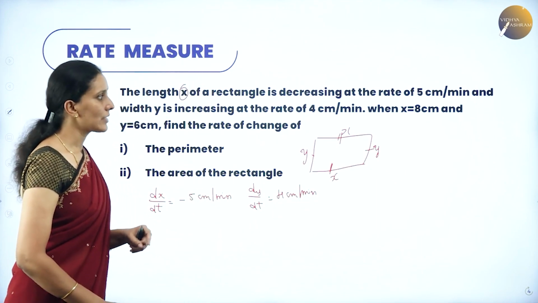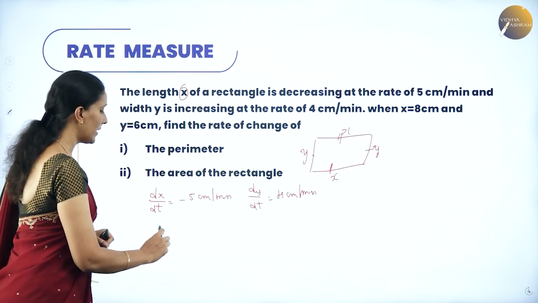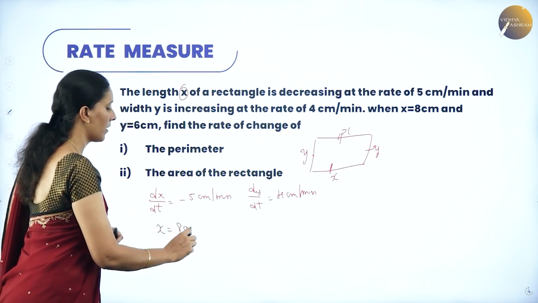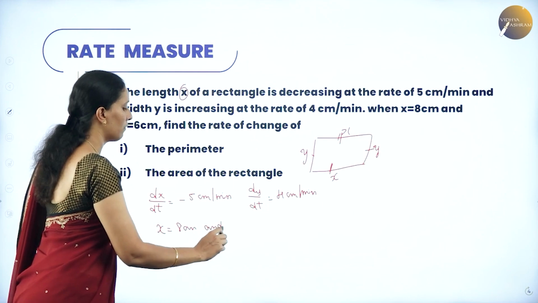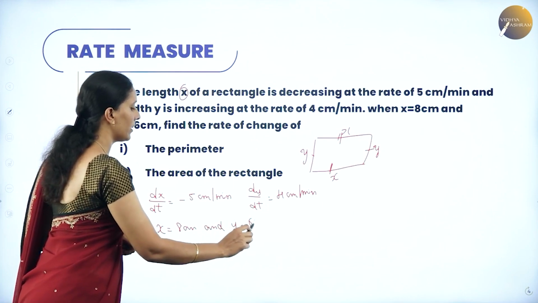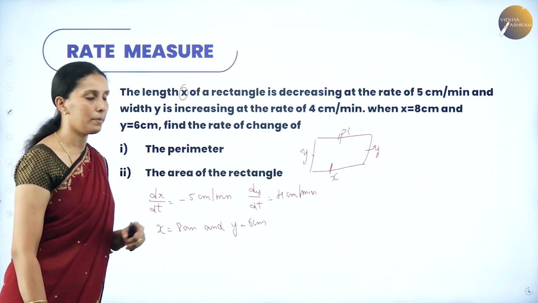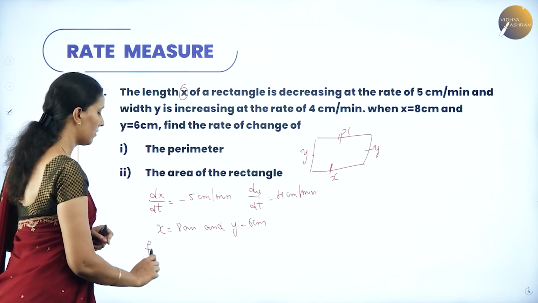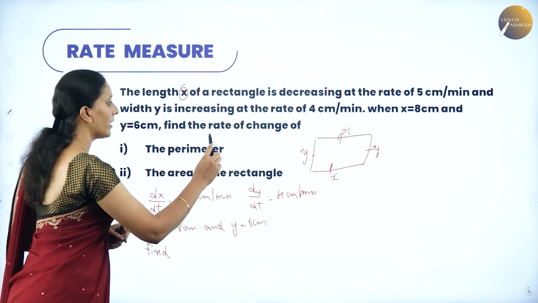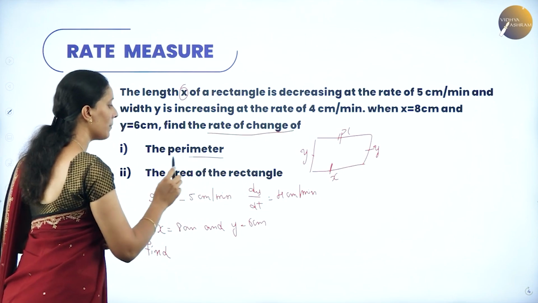Now what they have asked: when x is equal to 8 centimeter and y is equal to 6 centimeter, find the rate of change of perimeter.